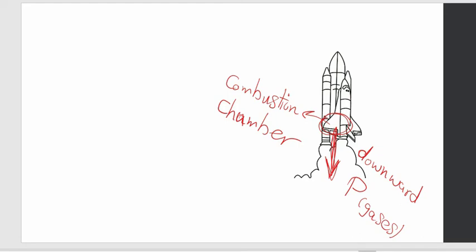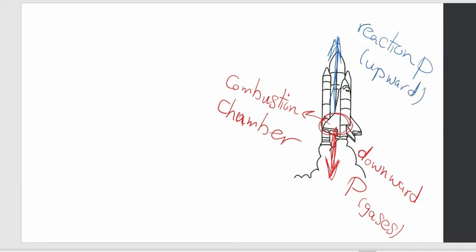According to Newton's third law, the gases' momentum will produce a reaction momentum. It will produce a reaction that is exactly equal in amount but opposite in direction. So this reaction momentum has to be in the upward direction.